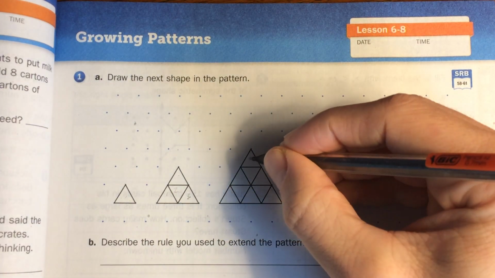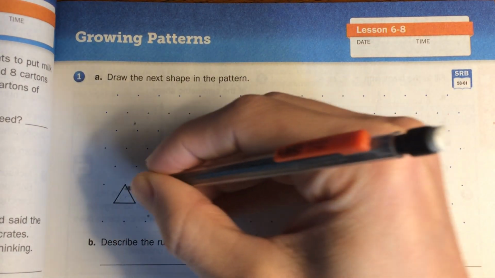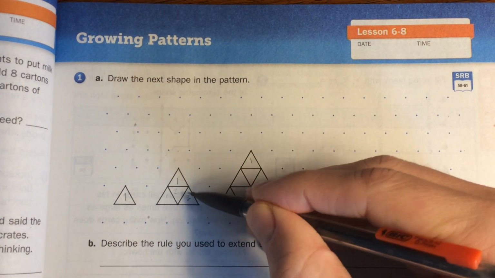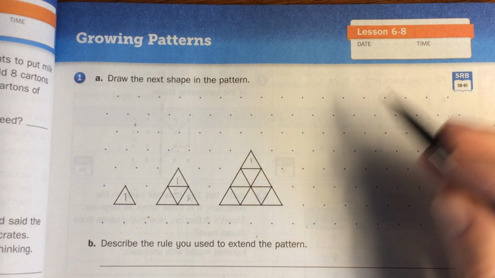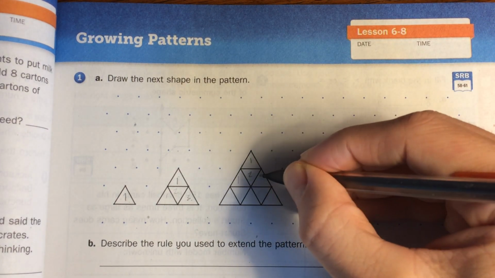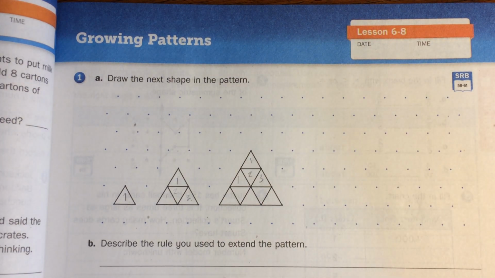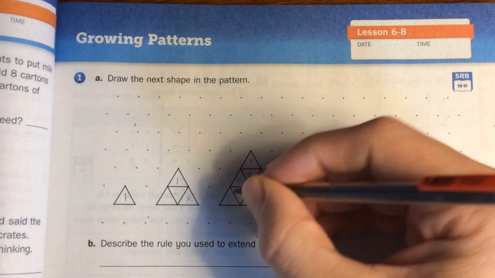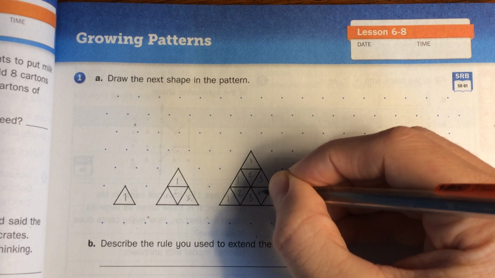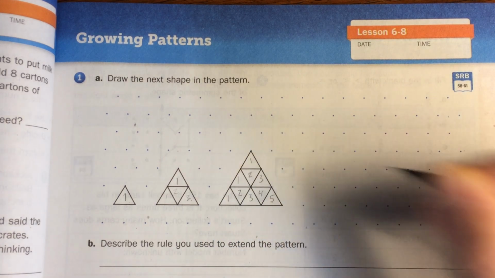And when we carry on to the next one, it's a 1, 1, 1, and then the second row is a 1, 2, 3. And if you look at our next pattern, what's the second row? 1, 2, 3. But now we have a new row. How many triangles, upside down and right side up, do we have in that new row? 1, 2, 3, 4, 5.